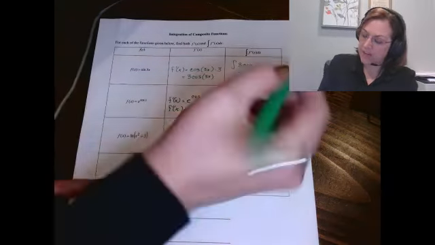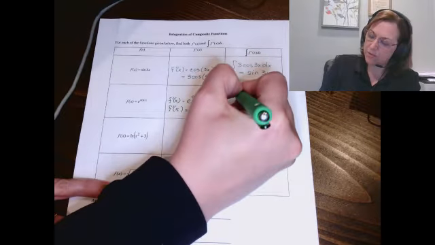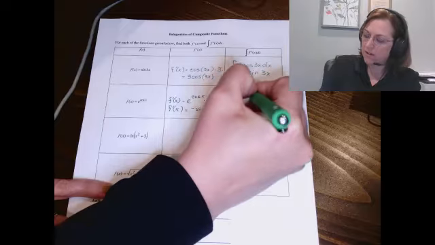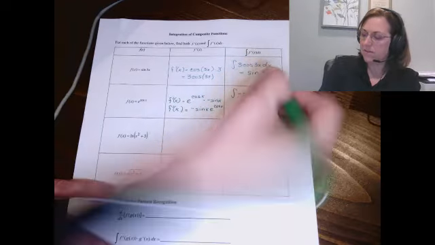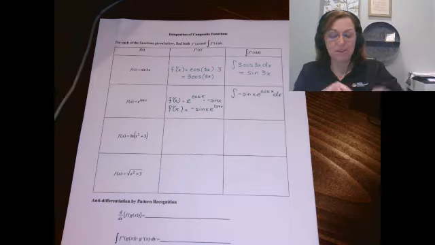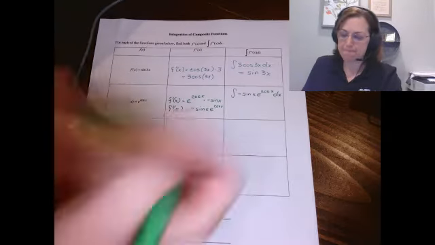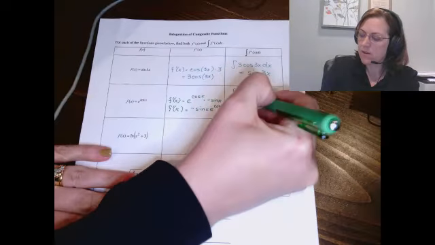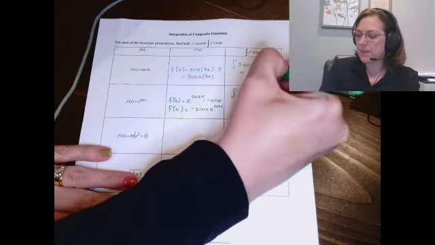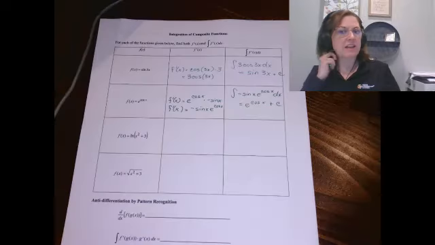Now take the antiderivative of the derivative. We should get back the function, right? And I forgot on these my plus c, so forgive me, I'm adding those in there.